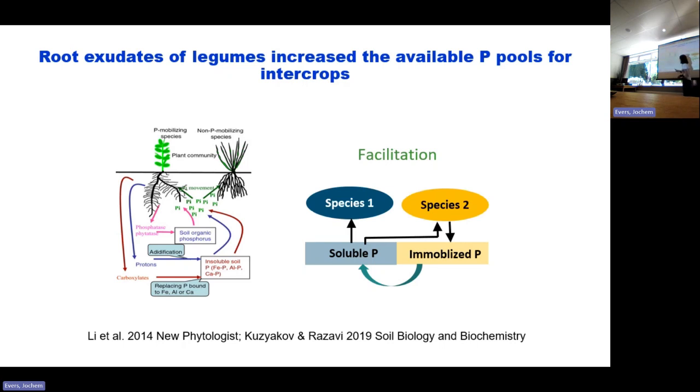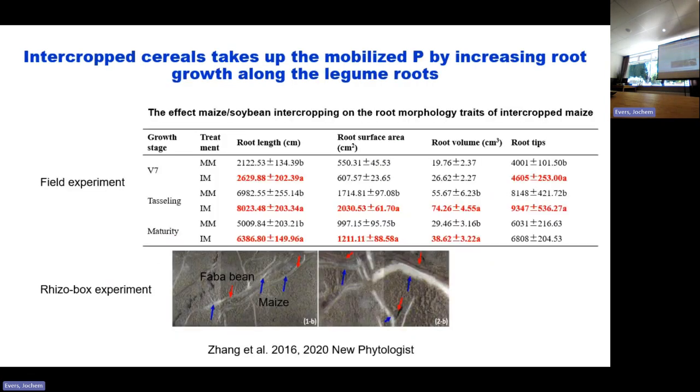So these two crops can share the P, and this increases the P uptake. So this is the mechanism on phosphorus.